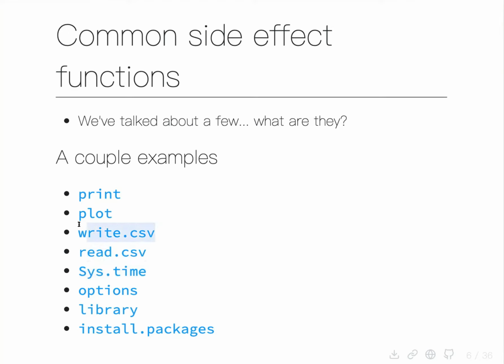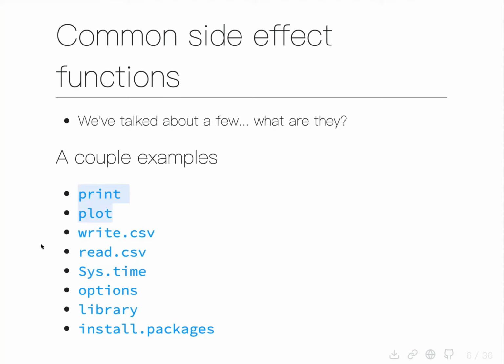Read.csv, write.csv, and then these ones are a little bit less clear, but they are also side effects, right? So print will print things to your console. That's a side effect, right? Plot, also creating a plot, right? It's going to basically use some other device to render a plot. That's a side effect, okay?